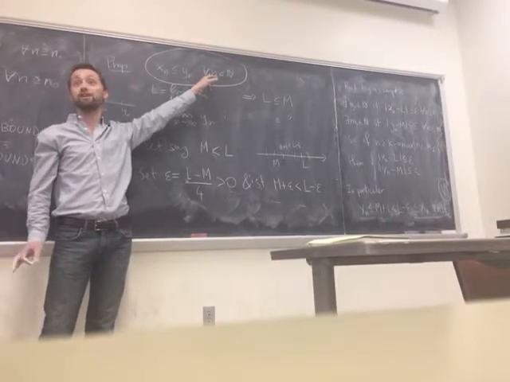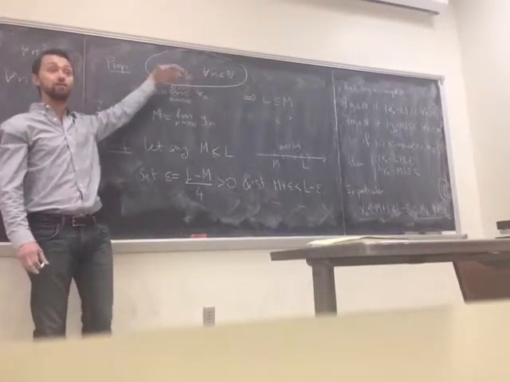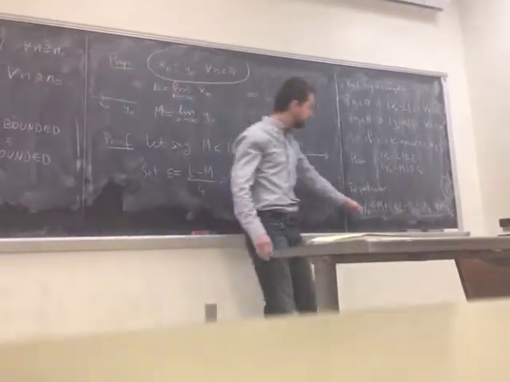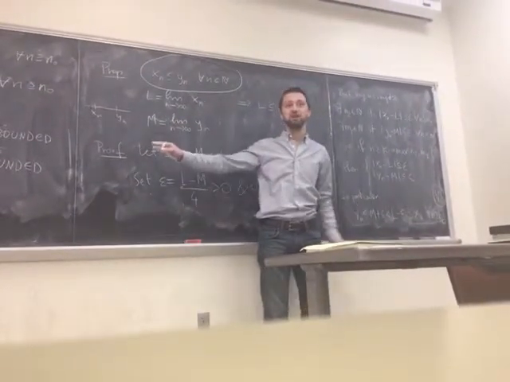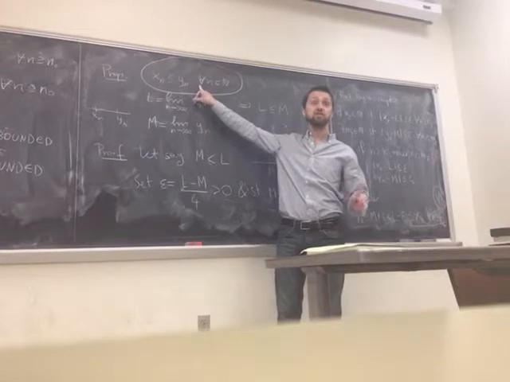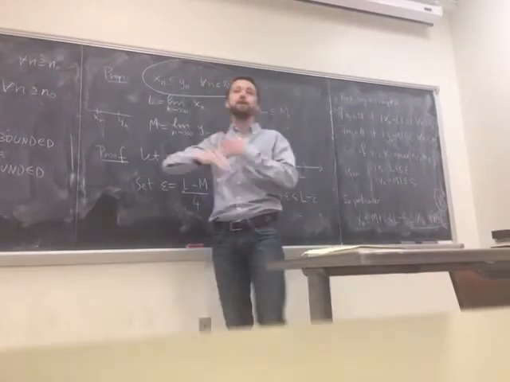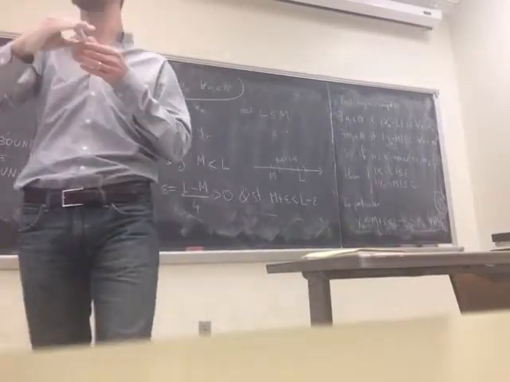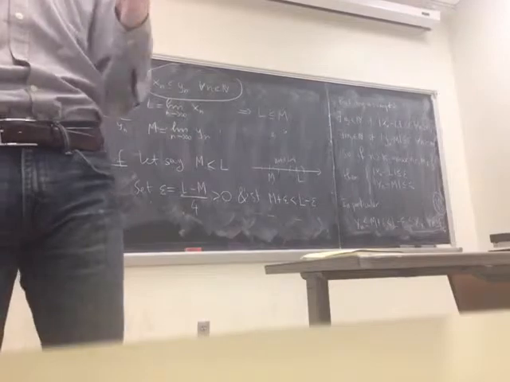You don't care at all, right? You just need this to be true ultimately, right? Because if you know that this is true ultimately, you know that ultimately the opposite thing is going to hold by the other two assumptions. So here it's enough to assume this ultimately. So you don't need the first 5 billion terms of the sequence to be ordered like that. All that matters is that from a certain point on, they are ordered as you want. And then you infer the conclusion.